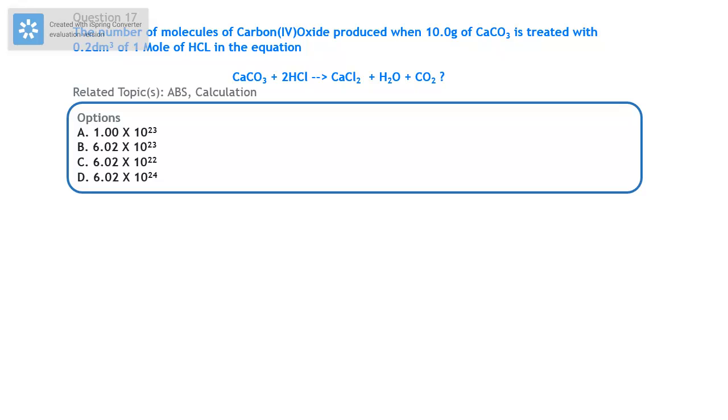Next question: the number of molecules of carbon dioxide produced when 10 grams of calcium carbonate is treated with 0.2 dm cube of 1 mole per dm cube hydrochloric acid in the equation is... So we have the equation of reaction here.